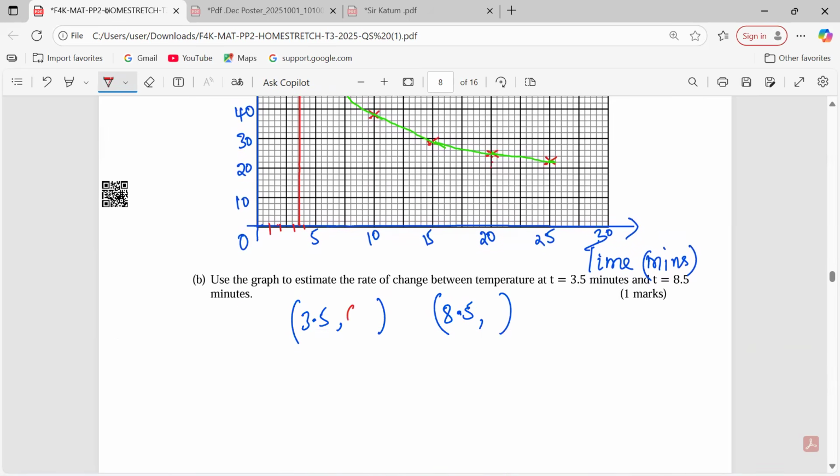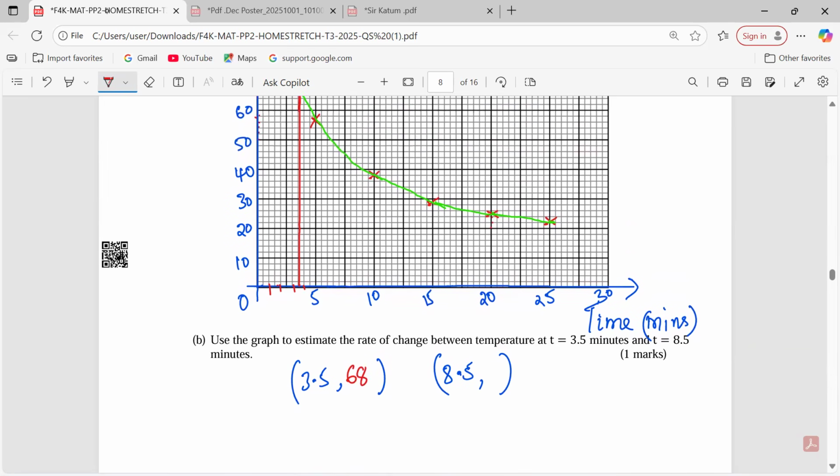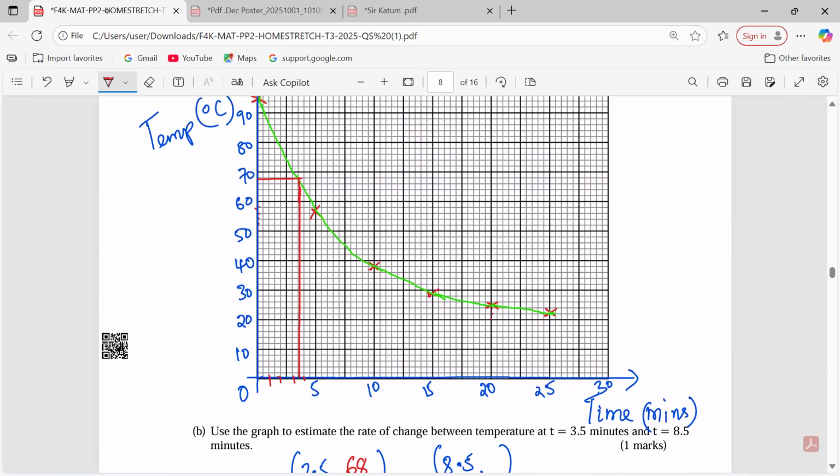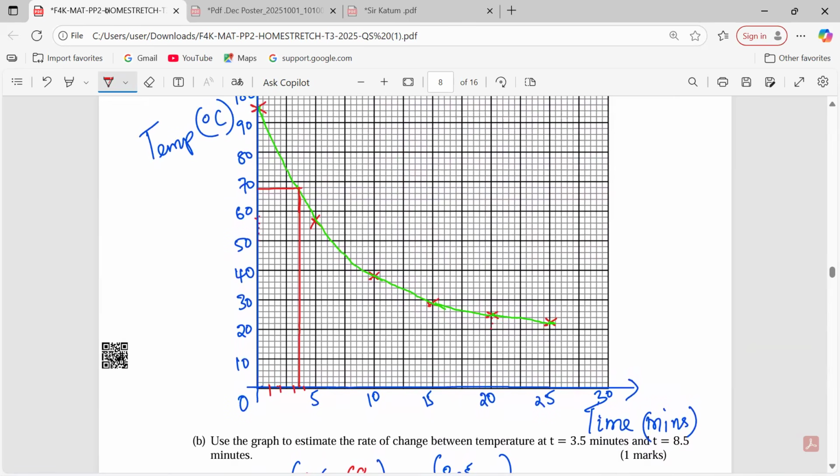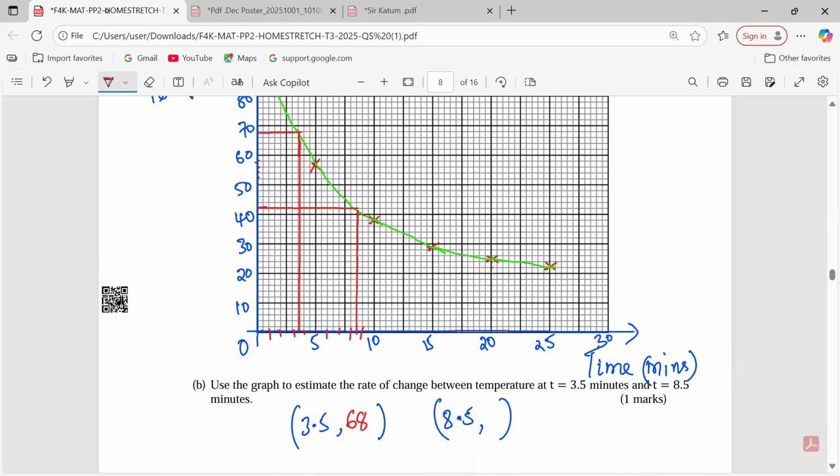Then 8.5, we also check the temperature there. This is 5, 6, 7, 8, 9. Just before 9, you look at the value there. 8.5 is just before 9. So we check this value, which is proving to be 42 for my case.